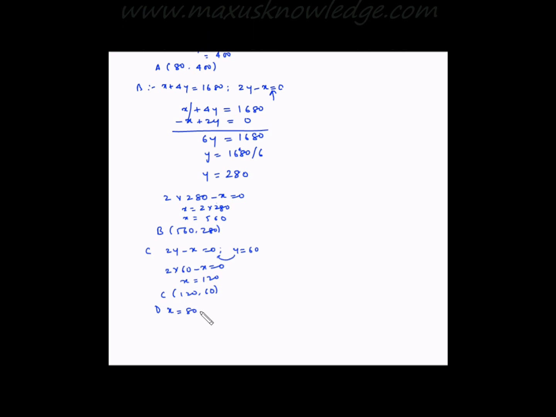Now point D lies on the intersection of x equals to 80 and y equals to 60. So these become the coordinates of the point D. So D has coordinates of 80 and 60.